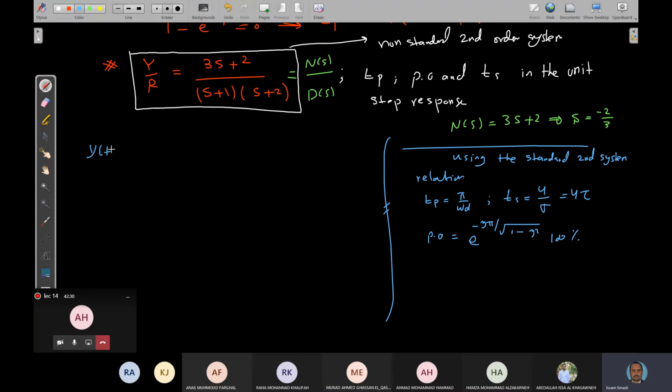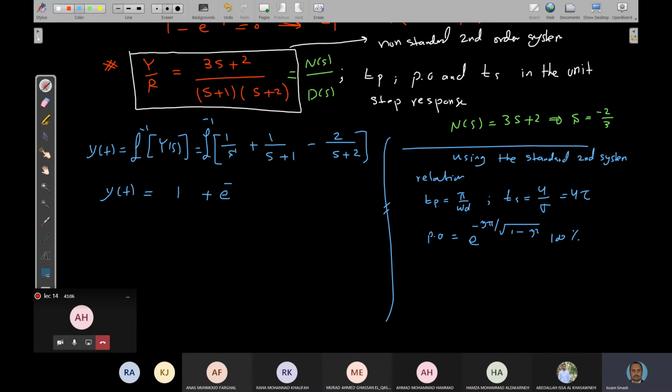So the first thing I need to find is y of t. Y of t will equal the Laplace inverse of y of s, and if we do the partial fraction expansion for y of s, it will read as 1 over s plus 1 over s plus 1 minus 2 over s plus 2. Now I need the Laplace inverse for the first, second, and third terms. If I do that, y of t will equal 1 plus exponential minus t minus 2 exponential minus 2t.